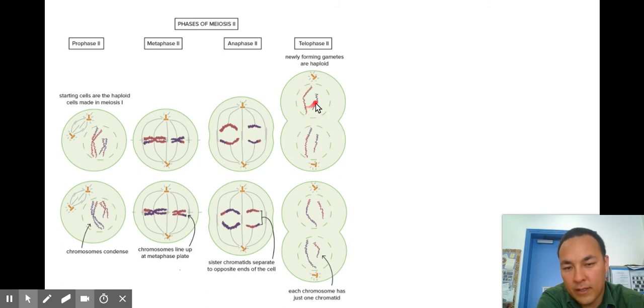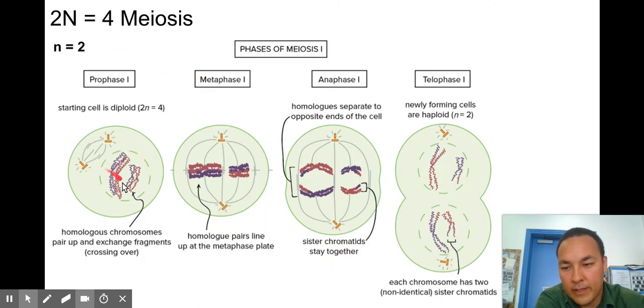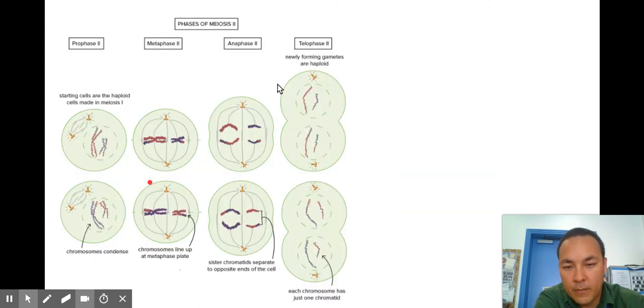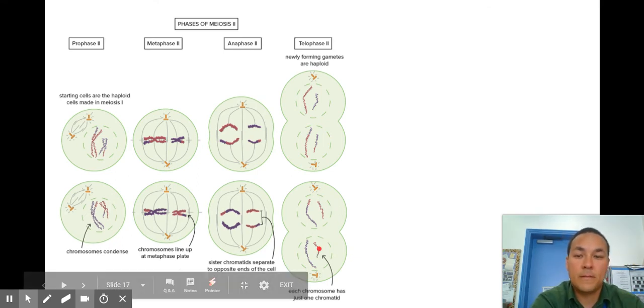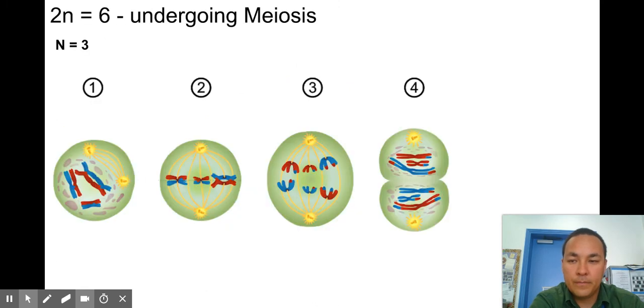This is from number 1, this is from number 2. We're going to have n is equal to 2. We started with 2n is equal to 4. We end up with n is equal to 2. That's the beauty of meiosis. And none of these cells are the same. They're all genetically different. It's what makes you so special, and it's what makes you, you.